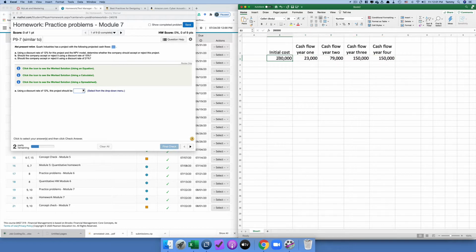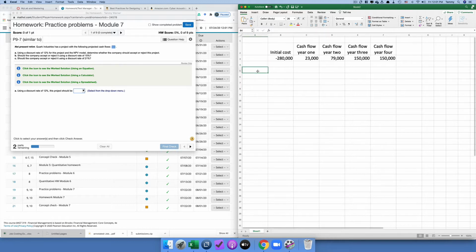So the first thing you need to do when you're setting up these problems is to make this a negative, because it is an investment, right? And now we are looking at doing net present value at various different discount rates, so we may as well set it up so that we can do them all at the same time.